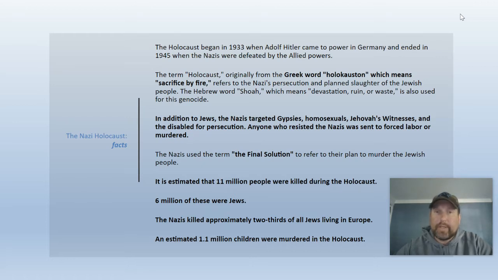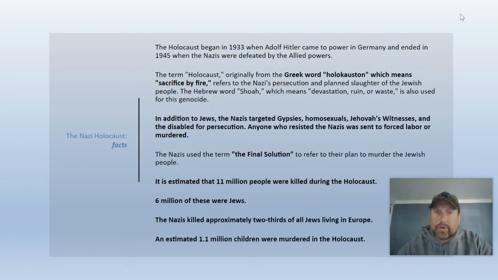This was certainly part of this notion of the true power of the Aryan race, right? And the Holocaust was the final solution to eliminate those less than.